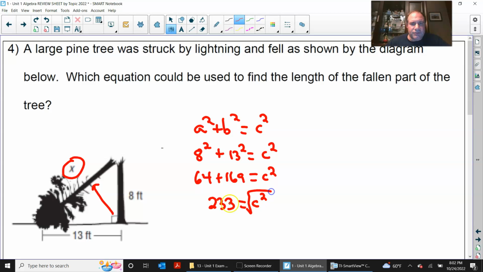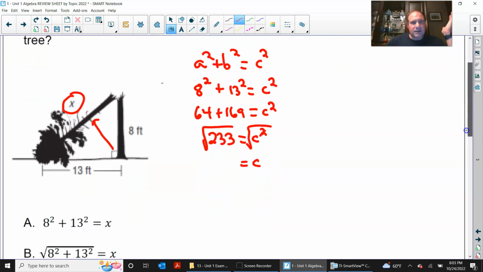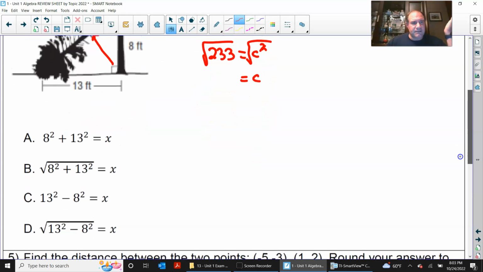And you square root both sides, you get this c, and which equation could be used. So it's really not telling you to figure out the whole entire thing. So I didn't even see, I just kept on going. And obviously I'm trying to figure out the length.